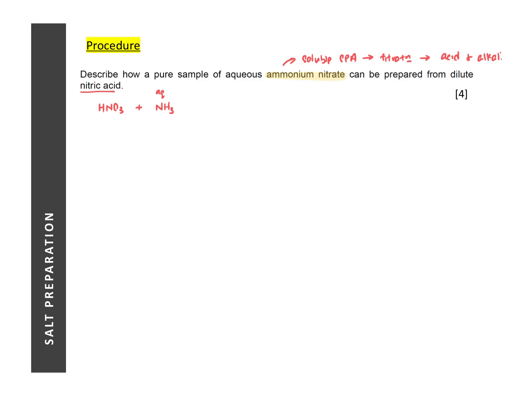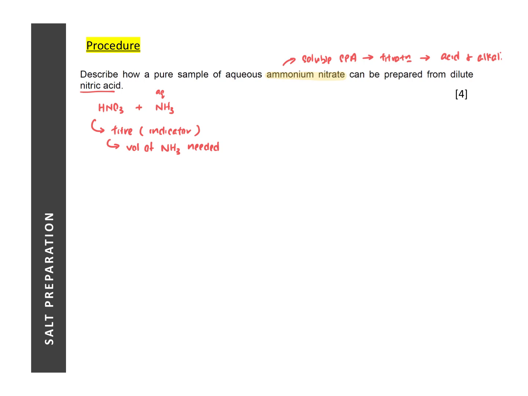So for the titration method, there are two different stages. First stage is that we titrate nitric acid with aqueous ammonia with an indicator. So the indicator would tell us the volume of aqueous ammonia needed to reach the endpoint or the equivalence point.